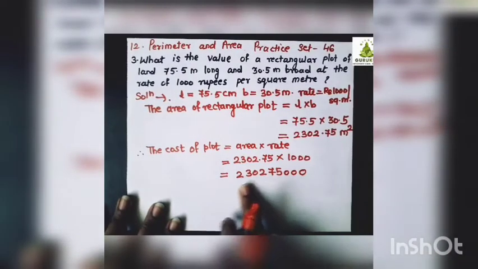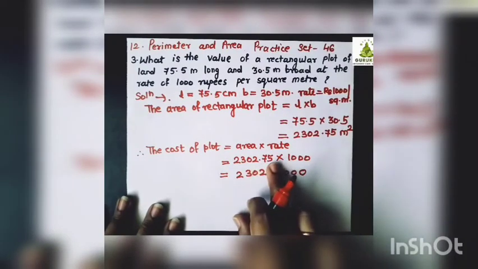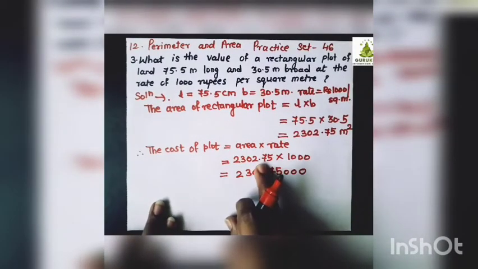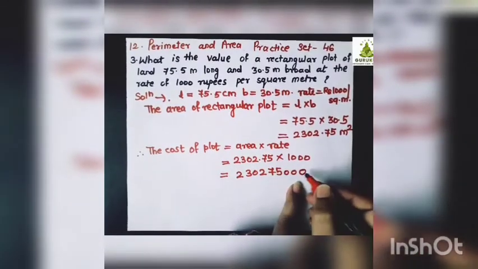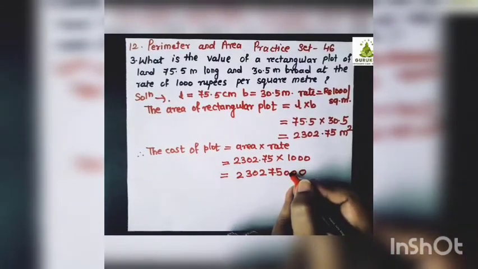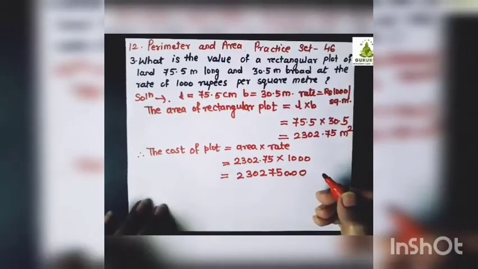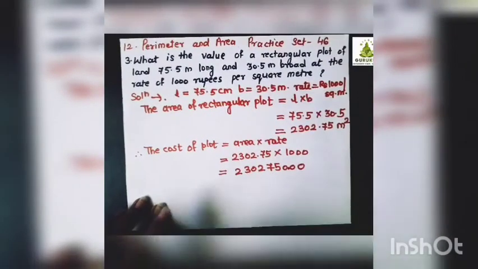Correct? But in the given sum, after how many digits is the decimal point there? 1 and 2. From the unit place, if you count, 1 and 2. After 2 digits the decimal point is there. So here also from the unit place you have to count the digits, and after 2 digits you have to put the decimal point. Okay, so when you put the decimal point, it may not be visible because of that red point.